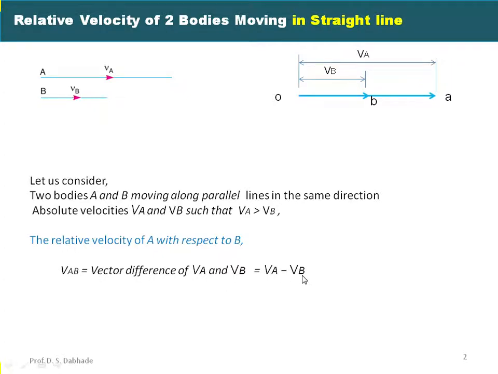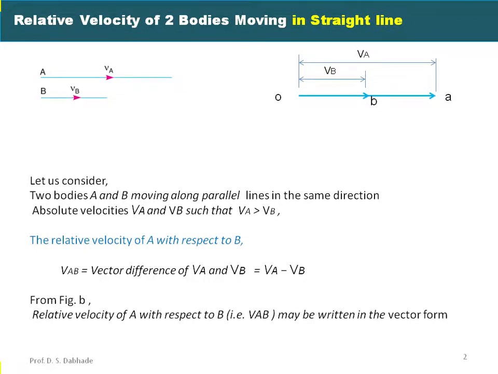In vector form, the distance BA, the vector BA, represents the velocity of A with respect to B. The vector BA is equal to the subtraction of two vectors: vector OA minus vector OB.